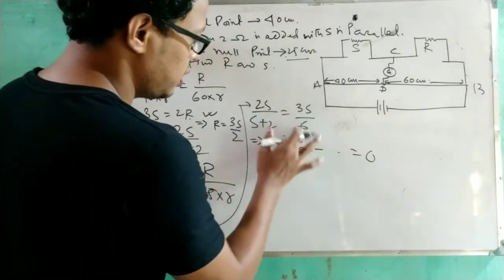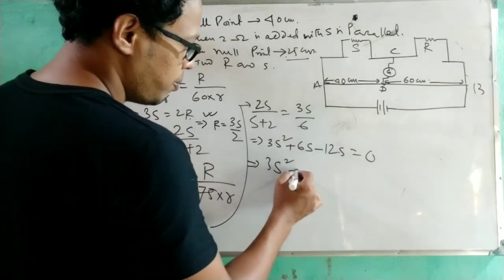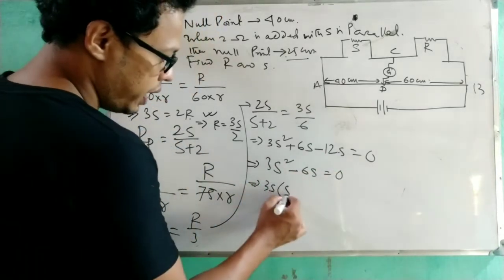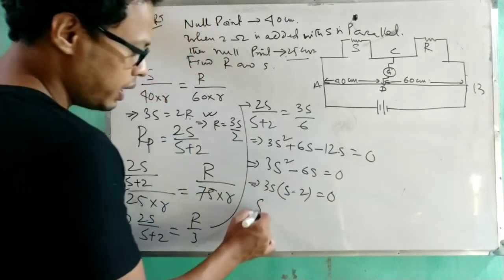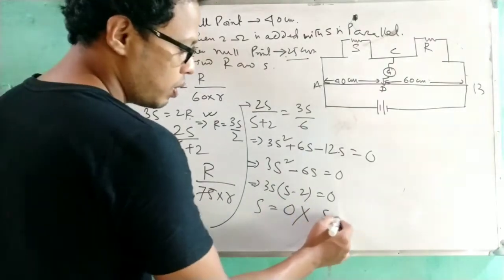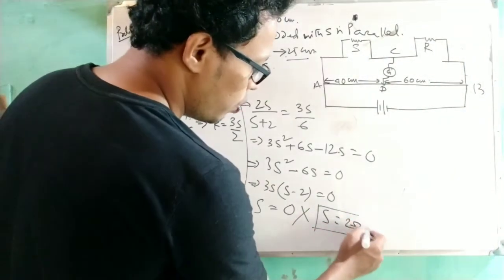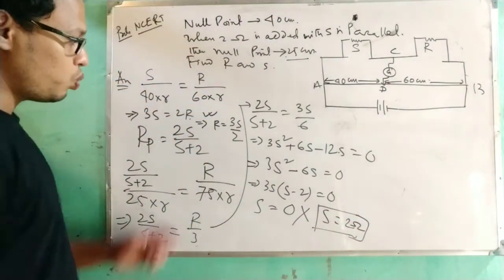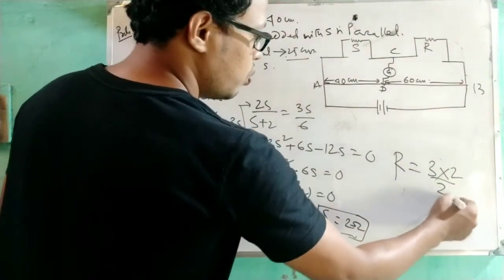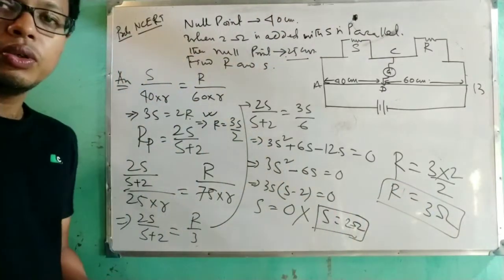Sorry, not 6S, it is 6 into 2, 12S. So 3S square minus 6S equals to 0. So 3S I am taking common. So S minus 2 will be 0. Here we are getting two values, S equals to 0, which is not possible, and S equals to 2. So the value of S will come 2 ohm, and if S equals to 2 ohm, so R we will get R equals to 3 into 2 divided by 2, so this is 3 ohm. So R equals to 3 ohm and S equals to 2 ohm.